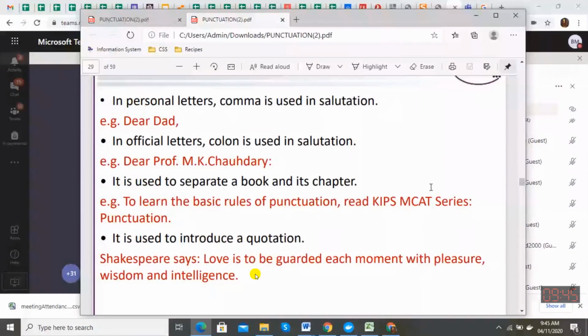नहीं, बिल्कुल, for making it more clear with direct speech, उसमें आप quotation marks डालेंगे. अब ये अच्छा जो मैम, Shakespeare says love is to be guarded. You can say here you have taken an idea from the saying of Shakespeare, but it might have changed.